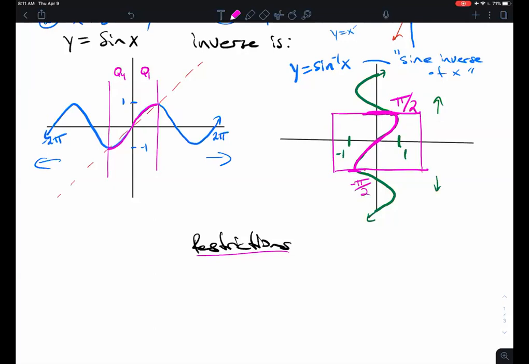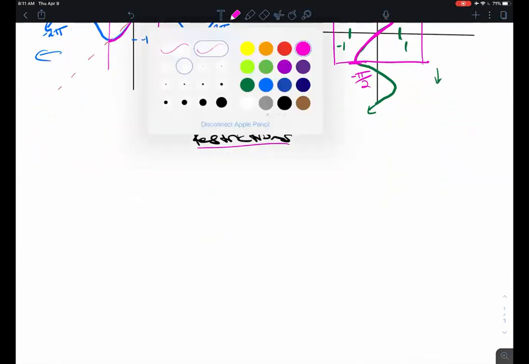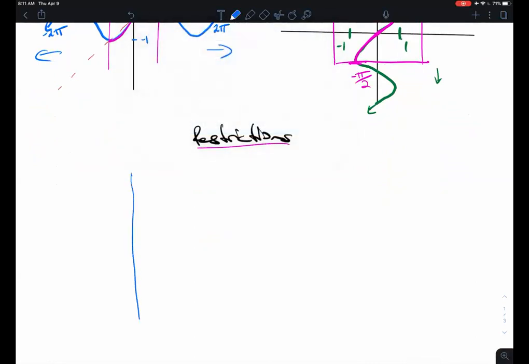Because that's where we stopped, right? Rotating through Q1 and back through Q4. So that's our restrictions. And each trig function is going to have its own restriction when we talk about the inverse. What we can quickly do is look at cosine. And I'm not going to do all of them, but we'll look at cosine just real quick.